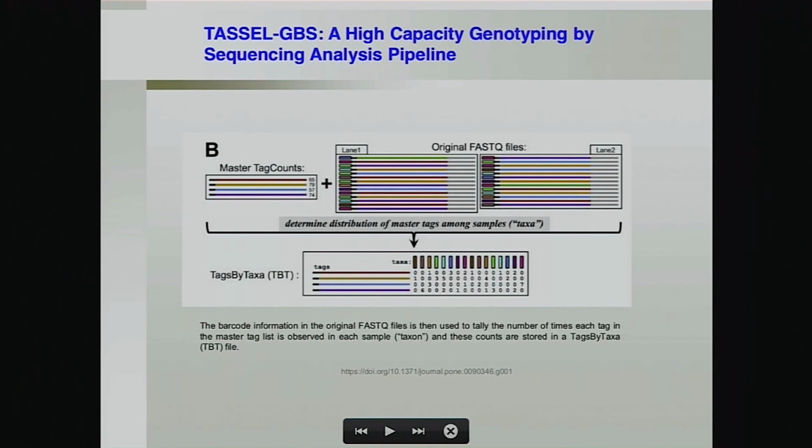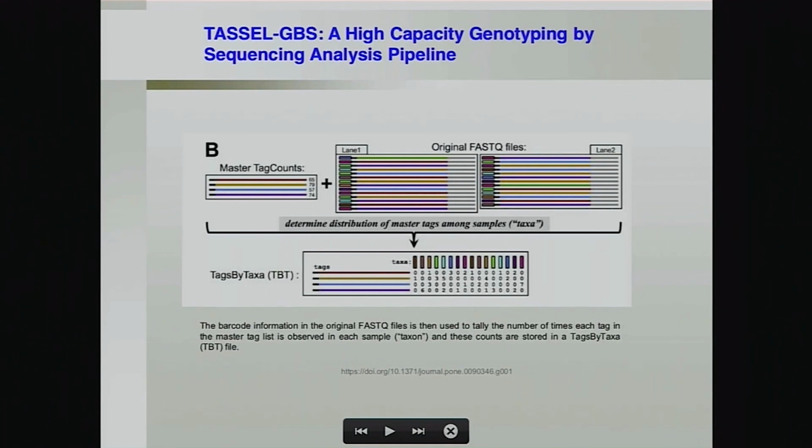After this, you compare it with your master tag count from the other slide, to determine the distribution of these master tags among your samples.